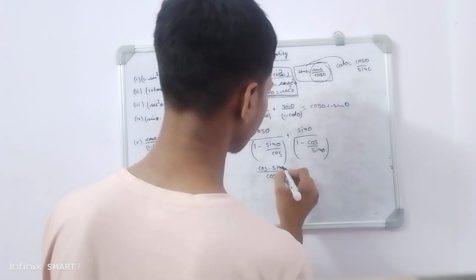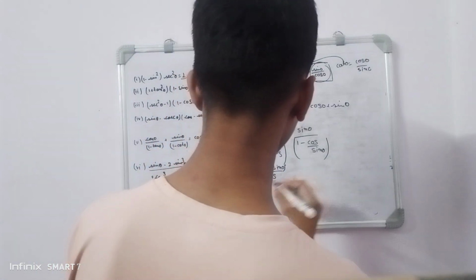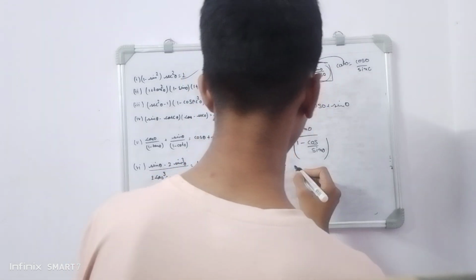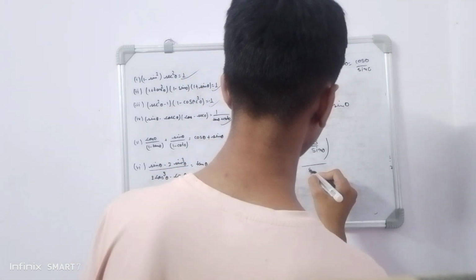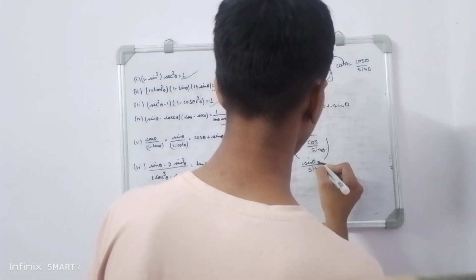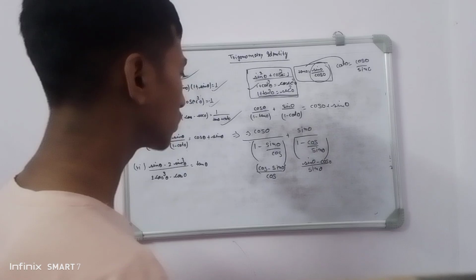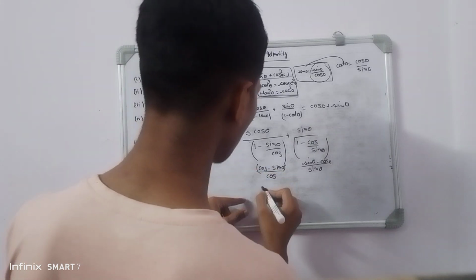and here it becomes sine theta. So as you get this one here, now you have to solve this, taking the LCM here, sine theta, you will get sine theta minus cos theta. So as you get to this conclusion, what do we have to do next?